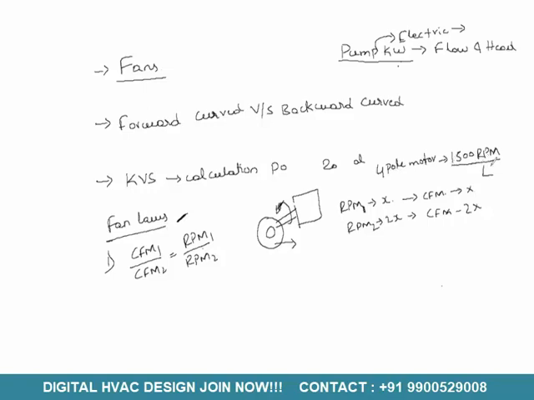This, for example, will push a CFM of say 5000 or 10,000 CFM. If you increase the speed, a 2-pole motor will have a speed of 3000 RPM.